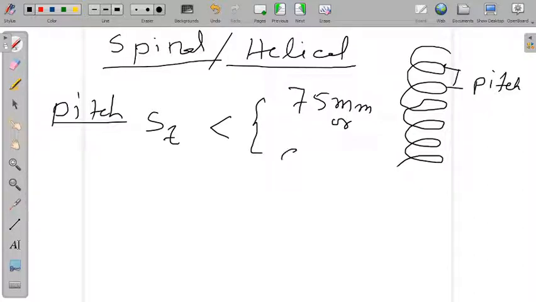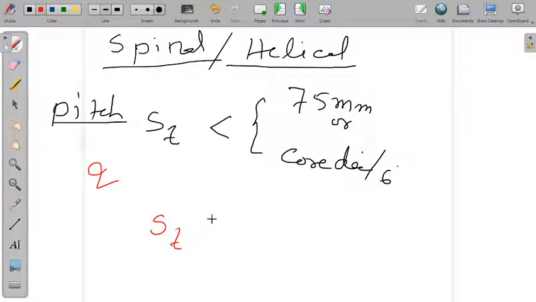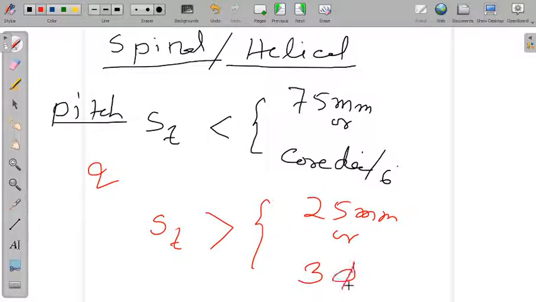or core diameter of the column divided by 6. I will tell you what the core diameter of the column is. Its pitch must be less than 75 or core diameter of the column by 6, and the pitch st must be greater than 25 mm or 3 phi t.